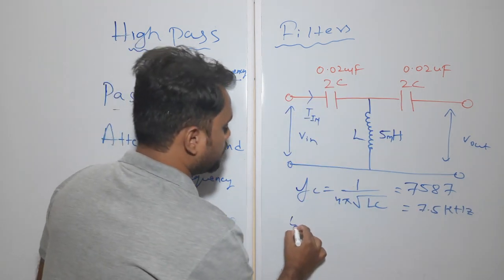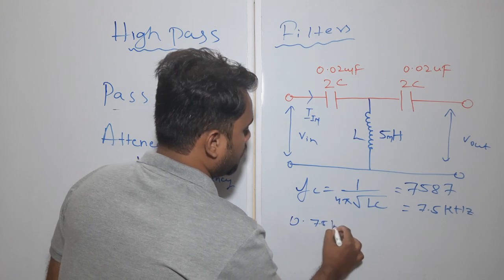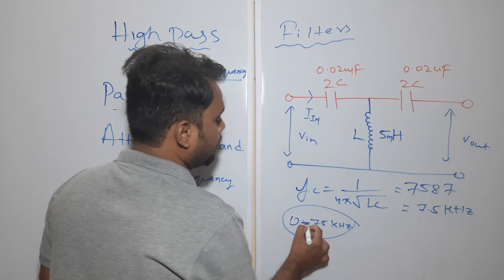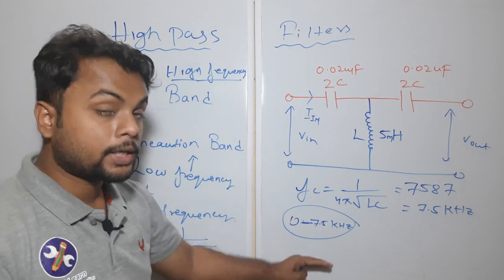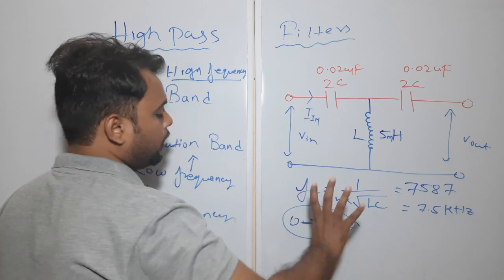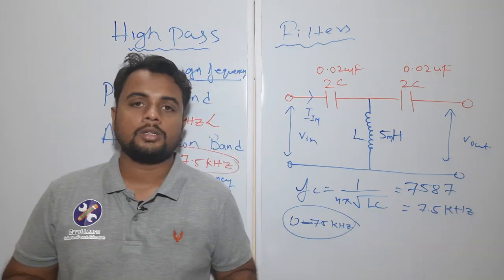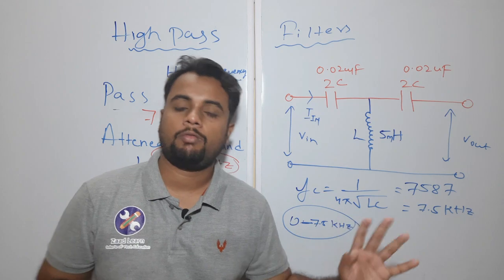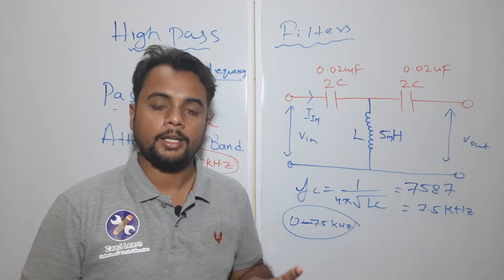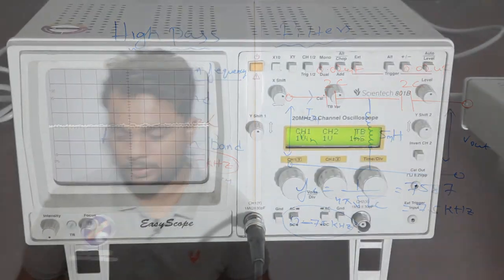So the waves from 0 to 7.5 kilohertz will be rejected by this particular filter, and it will allow the waves above 7.5 kilohertz. Not wasting any more theoretical time, let's move directly to the practical of how exactly the high pass filter actually performs.